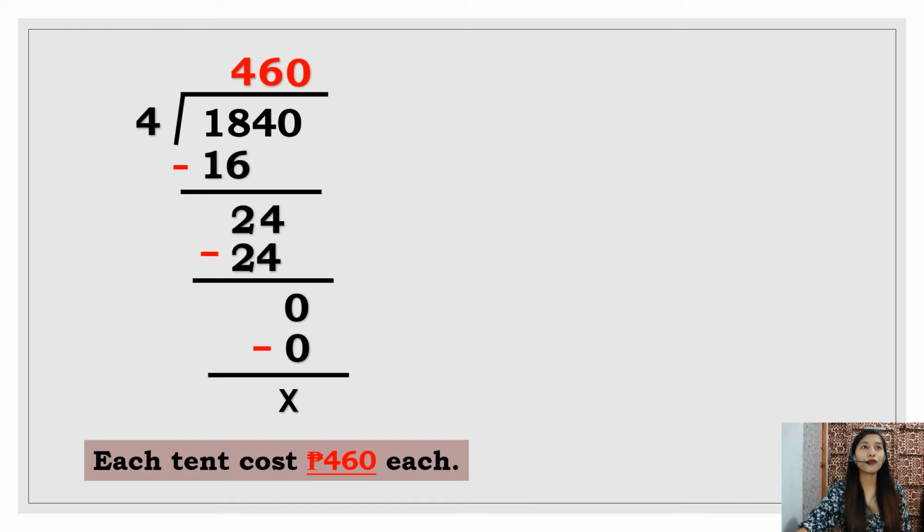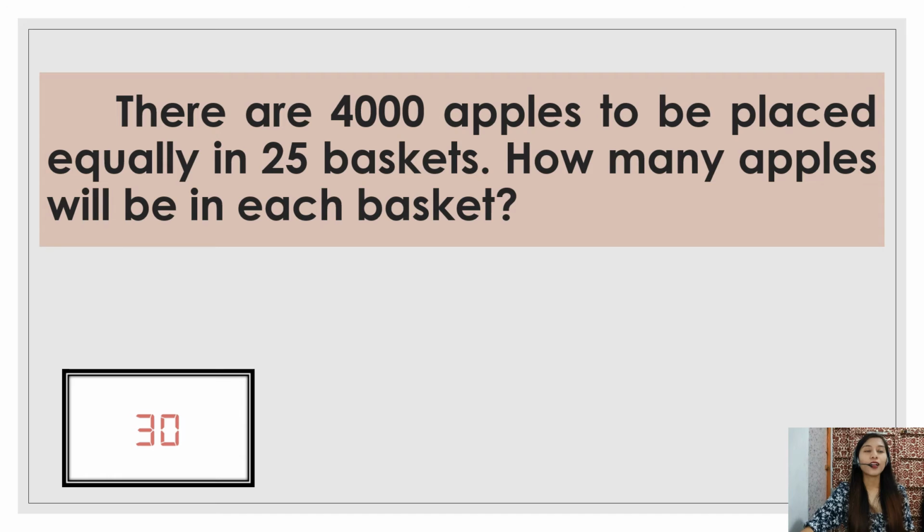So now, for your own task, you have 30 seconds to solve the problem. You can just write your answer on your notebook or on your answer sheets, okay? So, number 1, there are 4,000 apples to be placed equally in 25 baskets. So, how many apples will be in each basket?